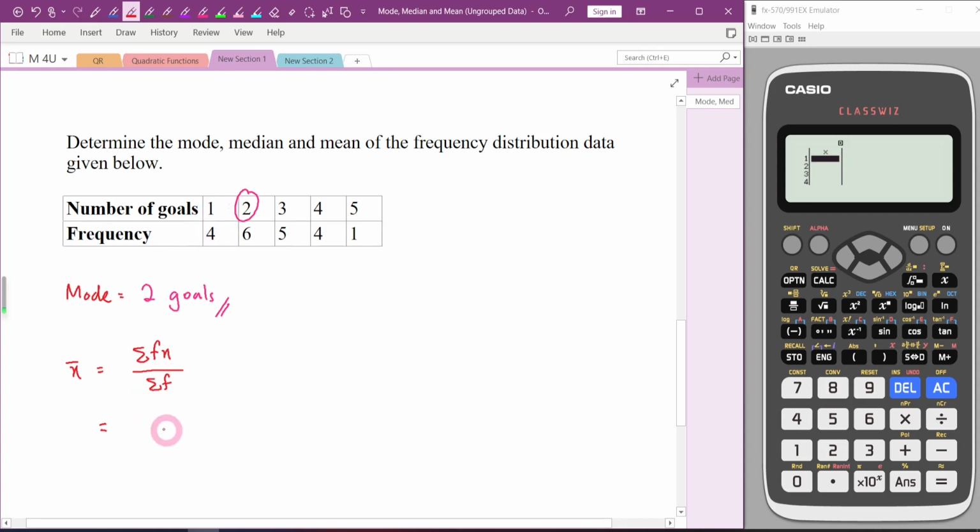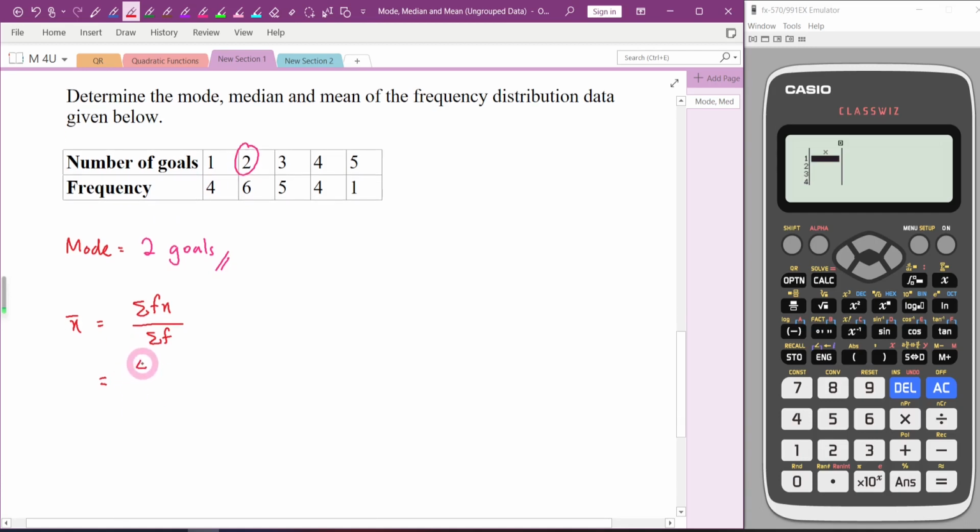We can just save time by writing 4 times 1, frequency times the data. Plus 6 times 2, plus 5 times 3, plus 4 times 4, and the last one will be plus 1 times 5. Let me double check again. 4, 1, 6, 2, 5, 3, 4, 4, 1, 5.